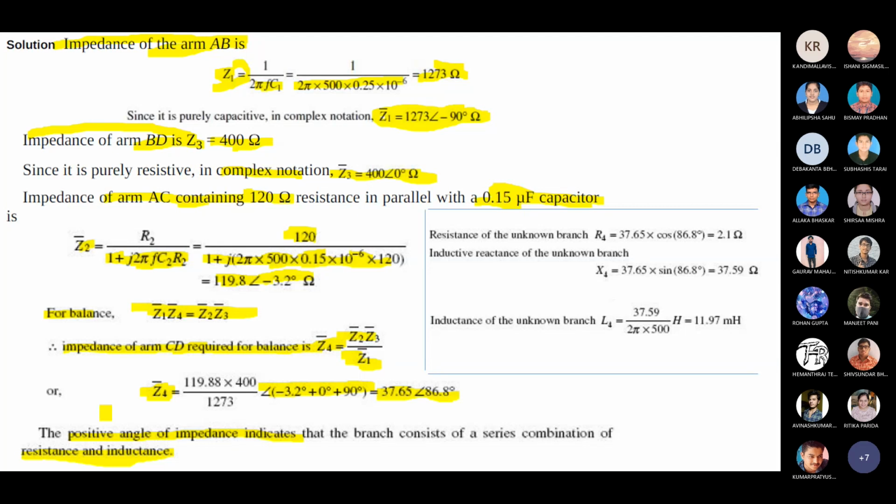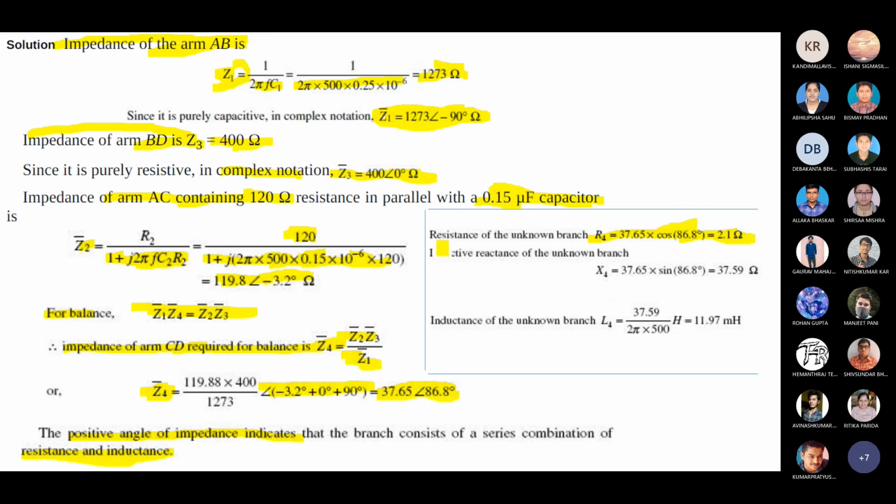The angle you can also find out, but here we directly get it in polar form. So the real part of that impedance is 37.65 cos 86.8 degree, which comes to 2.1 ohm, that is your resistance.